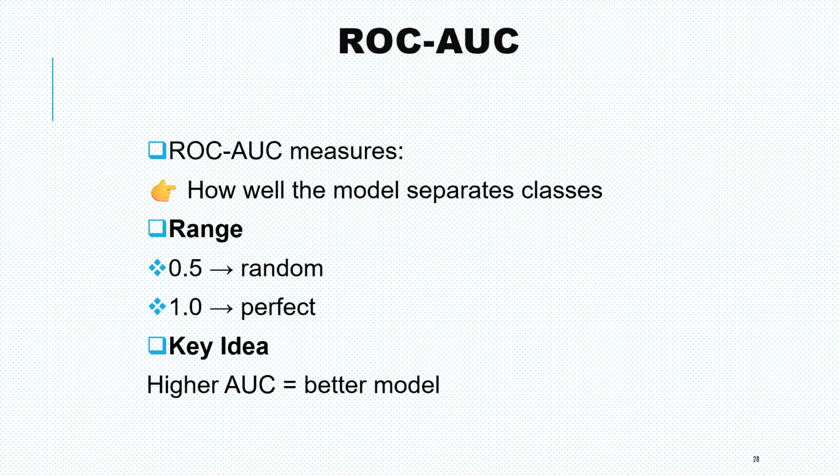So it measures how well the model separates classes. For instance, if you have this range, 0.5 implies random, 1 implies perfect. That is class separation. So a higher area under the curve is equal to a better model.